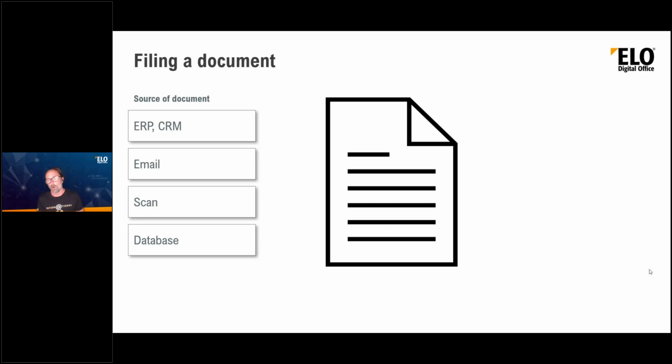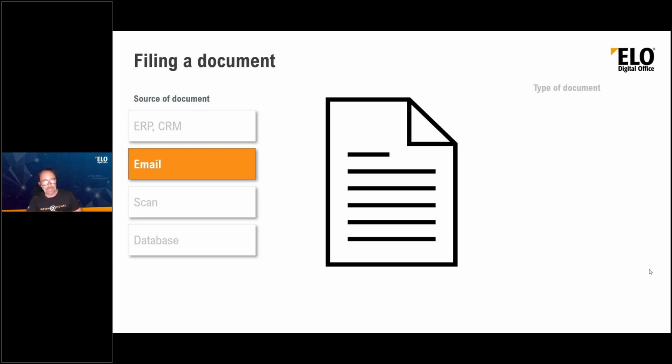Most of them, in the last 20 or 30 years, we receive with an email when it's an incoming document. When it's an outbound document, then we create it with an ERP or CRM or Microsoft Word or something else. But let's say we received the document attached in an email.